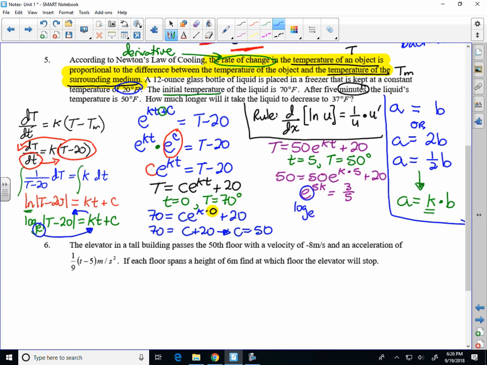That's this guy. Of 3/5 is going to be equal to whatever the power is, 5k.